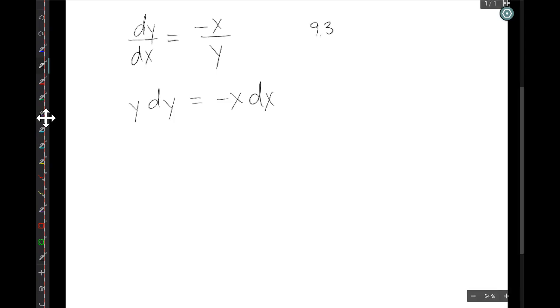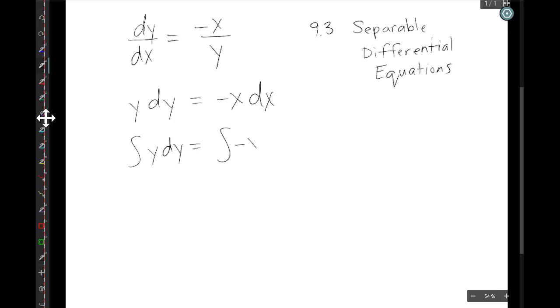This is in section 9.3. Separable differential equations are the ones that we can solve readily, because all we need to do is integrate both sides. When you do that, on the left side, you're going to get y squared over 2. There's technically a constant there, but we'll just use a constant over here.